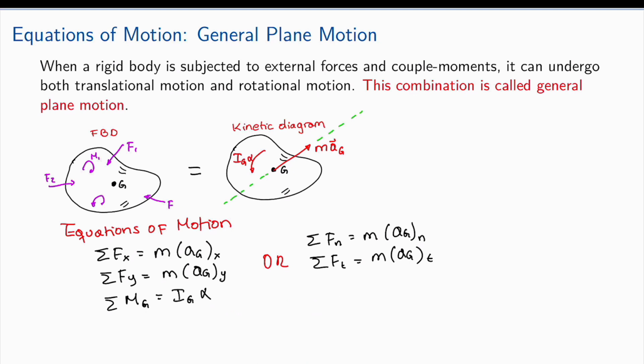If we take the moment with respect to a different point, let's put the point P, then the sum of the moments with respect to that point is equal to the moment of inertia with respect to the point multiplied by alpha, plus the mass times acceleration of the center of mass multiplied by d, and d is the perpendicular distance of the line of action of the mass times acceleration vector with respect to P.